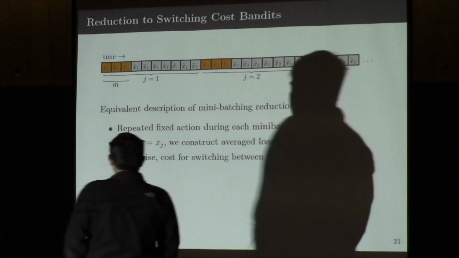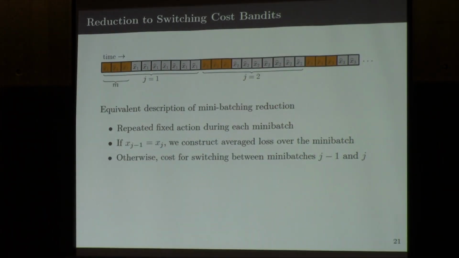So this is what I said on one of the previous slides, that we can equivalently think of the mini-batching reduction as minimizing regret with switching costs associated with it. In each mini-batch, we repeat a fixed action. If we switch between mini-batches, from X1 to X2, we necessarily pay a price for switching.